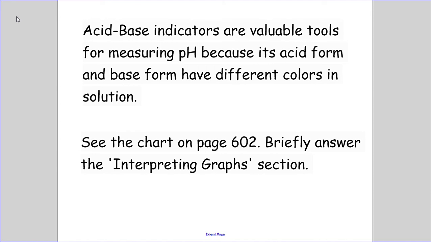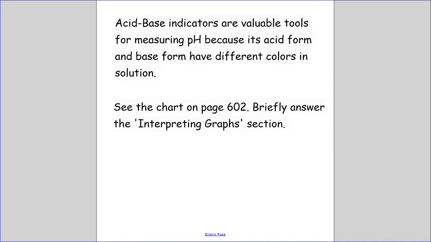All right, so for the A part of the interpreting graphs, I'm just going to run through the answers really quick for you. The A part is, hopefully you had thymol blue.